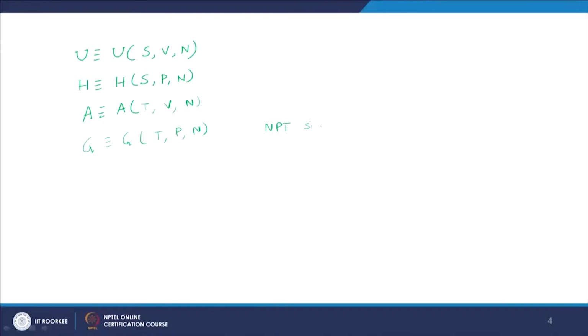If I am doing a simulation where the pressure and temperature are the variables I am controlling, and the number of particles, I am doing what is known as an NPT simulation, where I can specify both the pressure and the temperature.